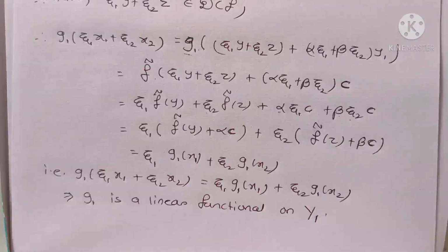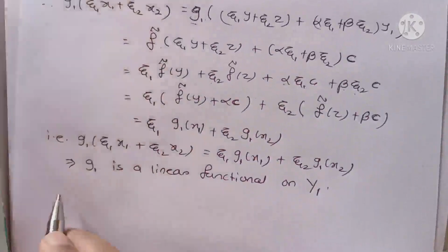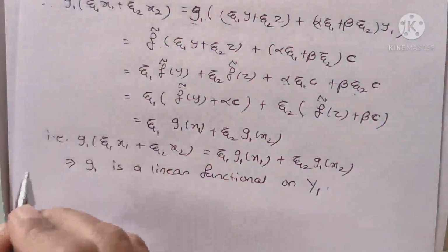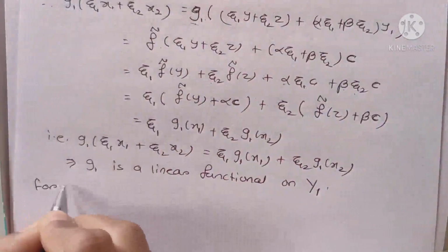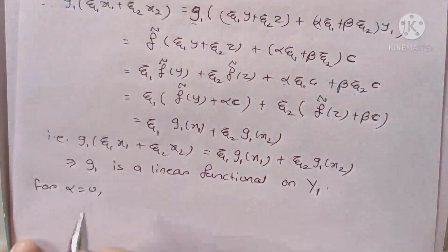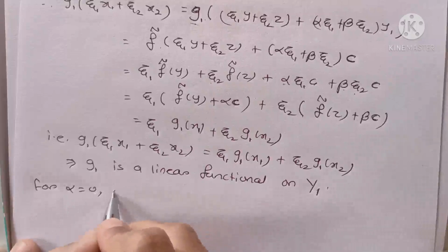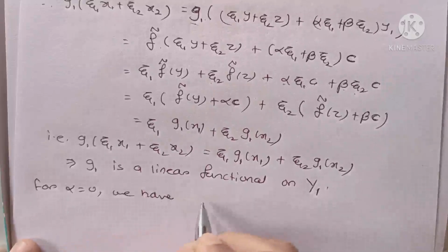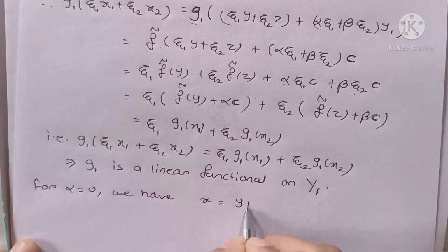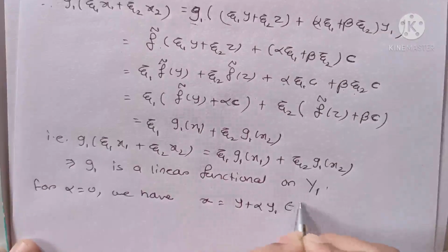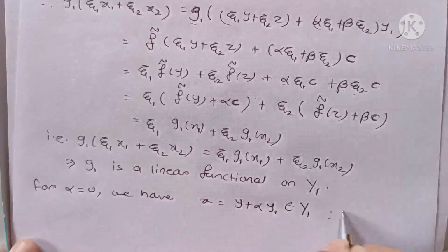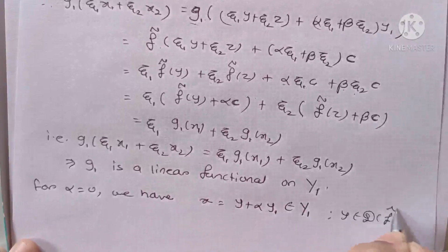Now we show that g1 is a proper extension of f tilde. For alpha equals 0, we have x equal to y plus alpha y1, which is an element of capital Y1, where y is an element of the domain of f tilde.